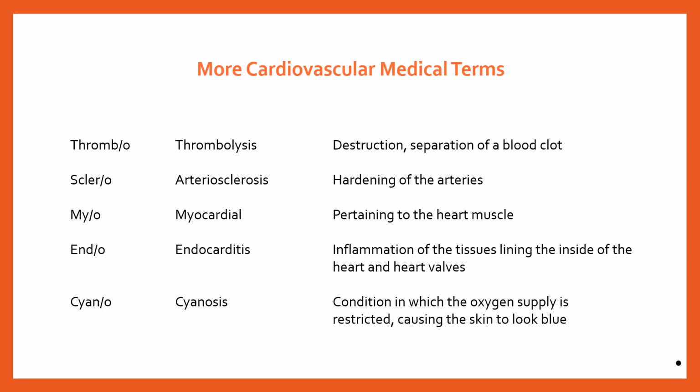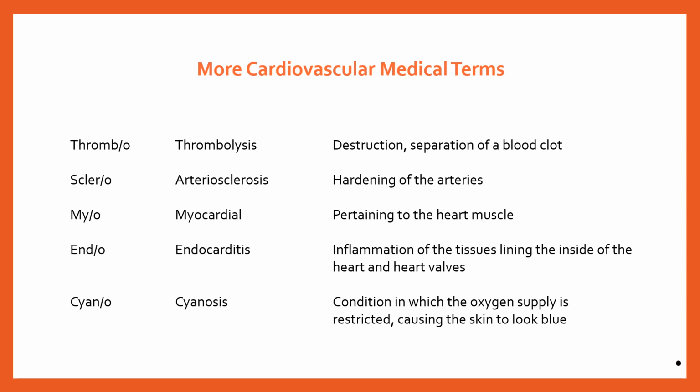It is defined as your eyeball. I just kind of wanted to point that one out because that can be a little tricky. So the medical term using sclero is arteriosclerosis. It is pronounced arteriosclerosis. And arteriosclerosis is defined as hardening of the arteries.